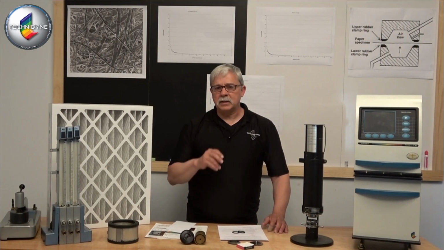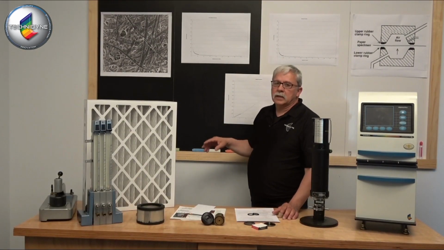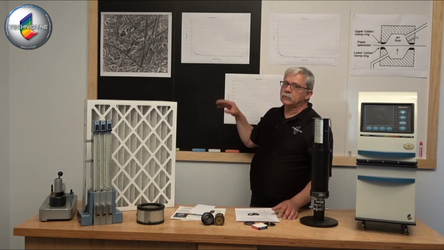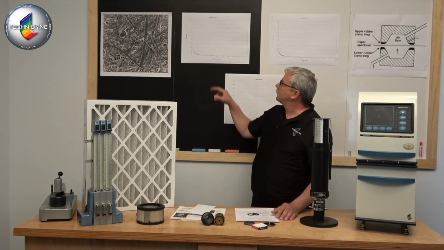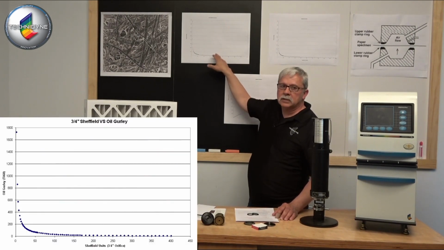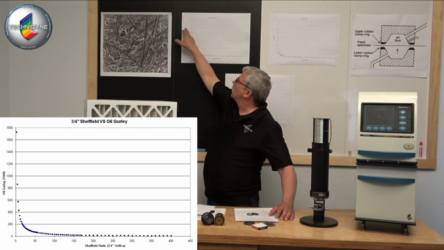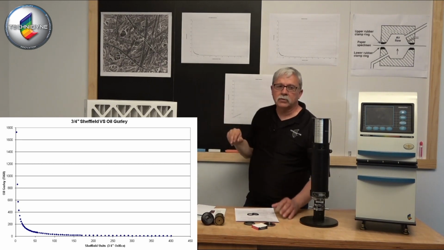But to give you some indication, I put together some graphics for a visual of how these look. I'm looking at the common 3/4 inch Sheffield test. How does that compare to the standard oil Gurley test?